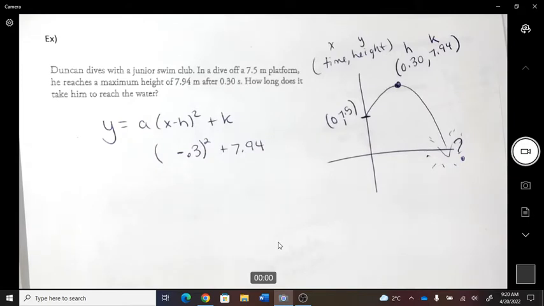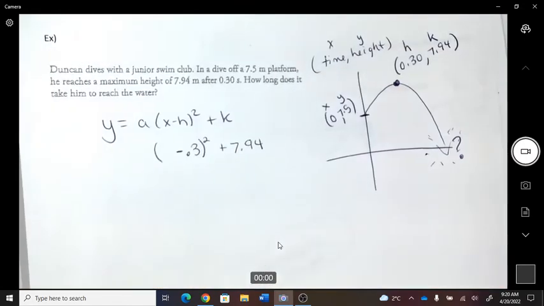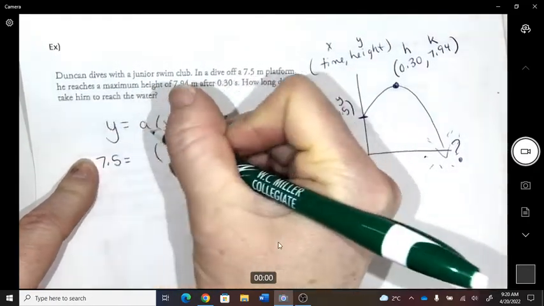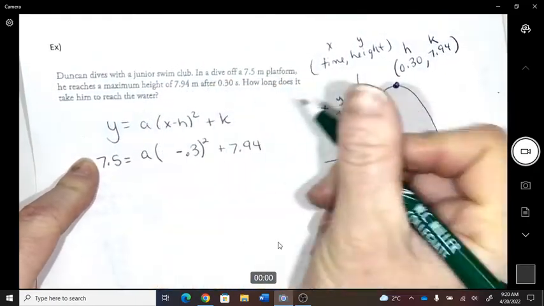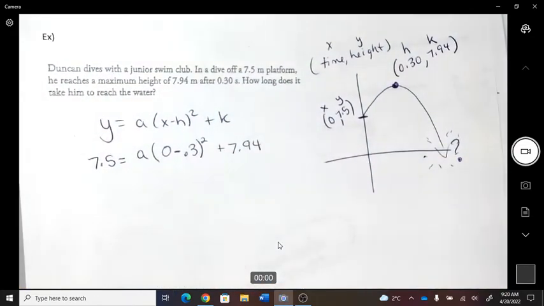And then the x and the y, I can put in a point if I know another point. And I do know another point. I know the y-intercept. So I'm going to replace this y with 7.5. I'm going to replace the x with 0.